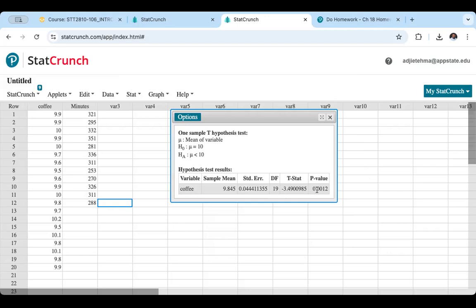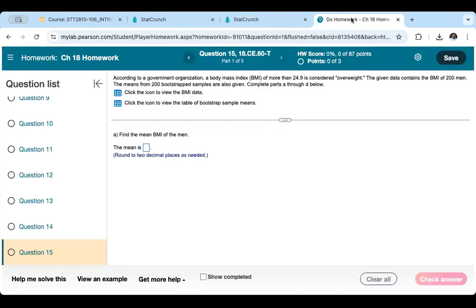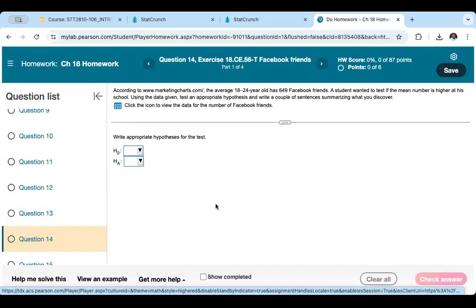And so what I want us to do now is to try some examples in chapter 18 homework. So open that and let's start with question 14. Open to chapter 18 homework and let's get to question 14.